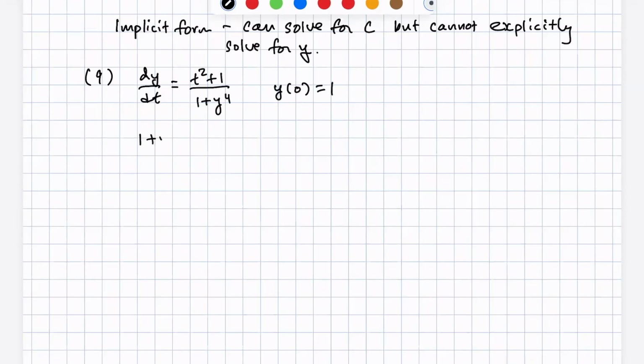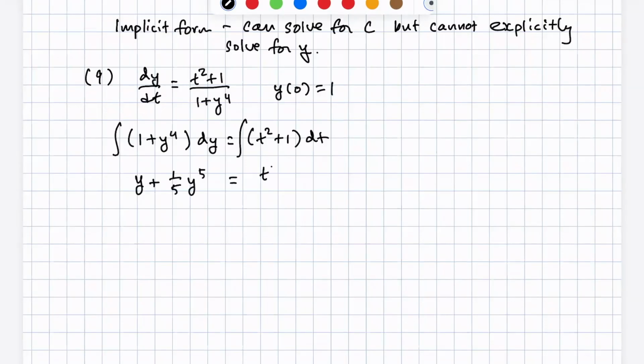Now, in this case, let's put all the y's on one side and all the t's on the other side, and then integrate both sides. You see here I have y plus 1/5 y to the fifth, and on this side I have t cubed over 3 plus t plus c. Now, at this point, I can stick in the initial condition, y equals 1, t equals 0.